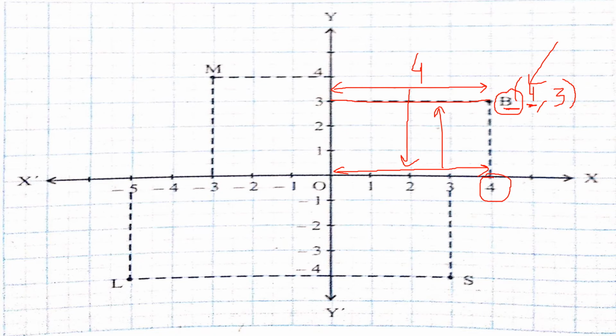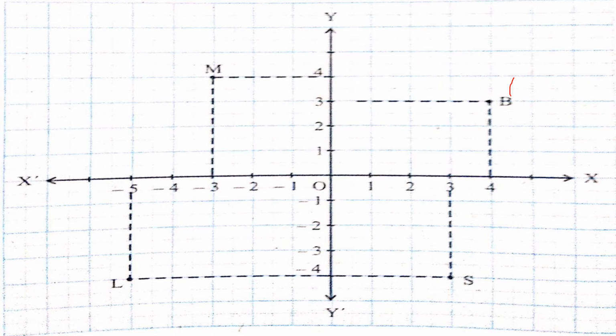Now what about the y coordinate? We know it is how much? The y coordinate is 3. Now how do I define the y coordinate? In a similar way, we say the y coordinate is the distance of point B from the x axis. Very good.